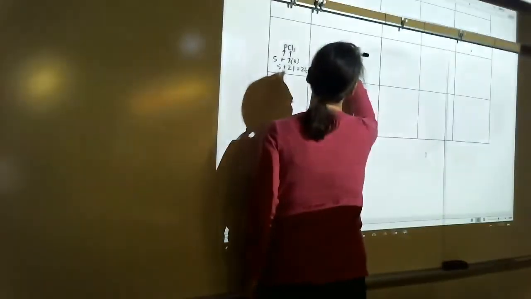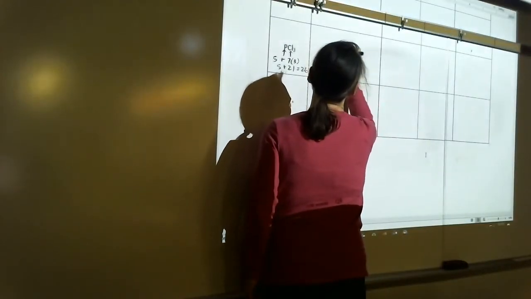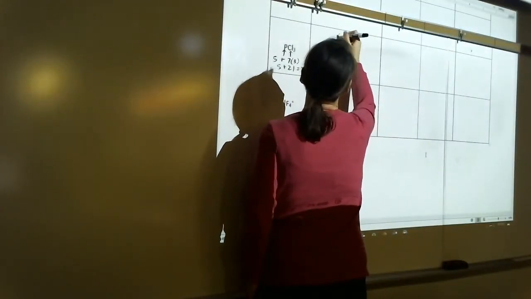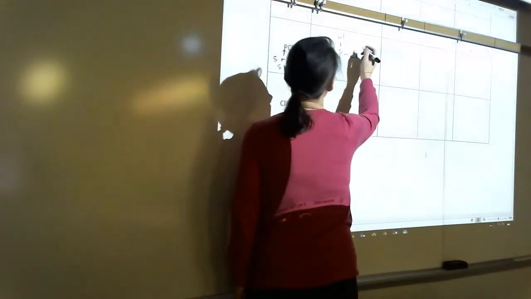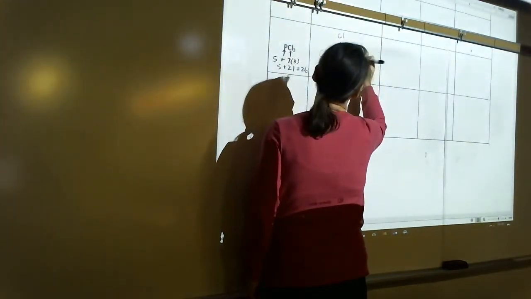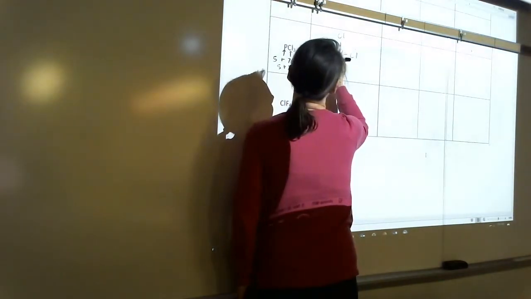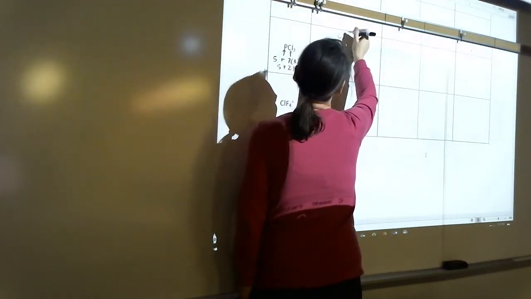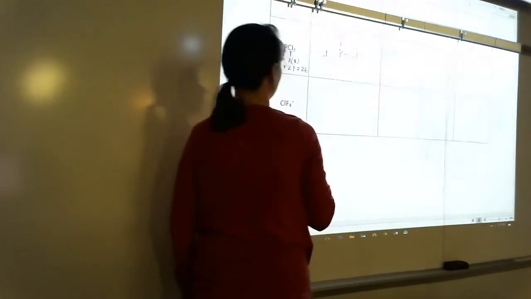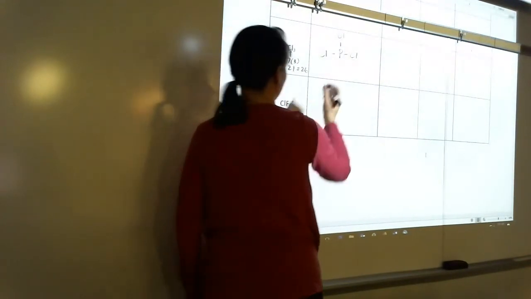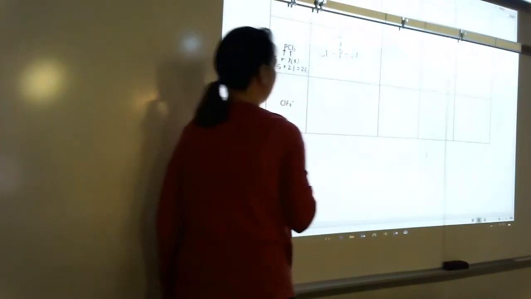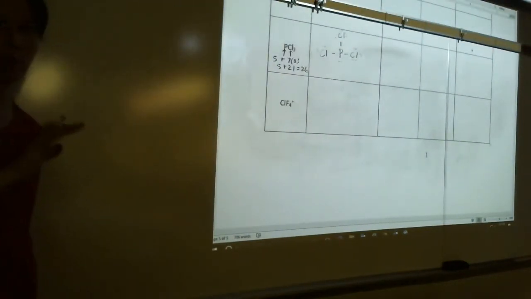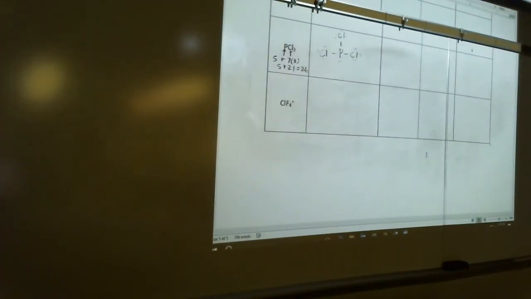So P in the middle, Cl, Cl, Cl. So 2, 4, 6, 8, 10, 12, 14, 16, 18, 20, 22, 24. Where do those extra ones go? On the central atom, 26. Do I need to make any double bonds to give any octets or anything like that?